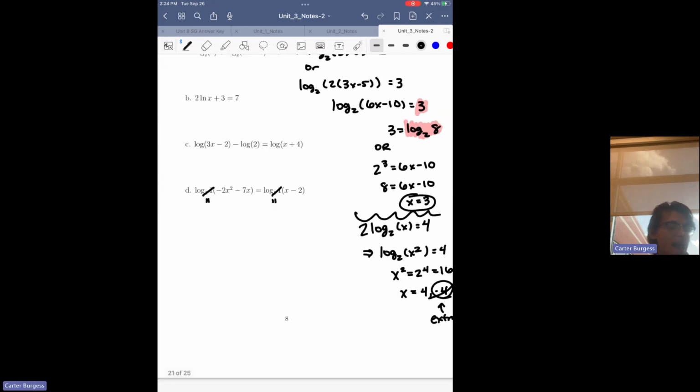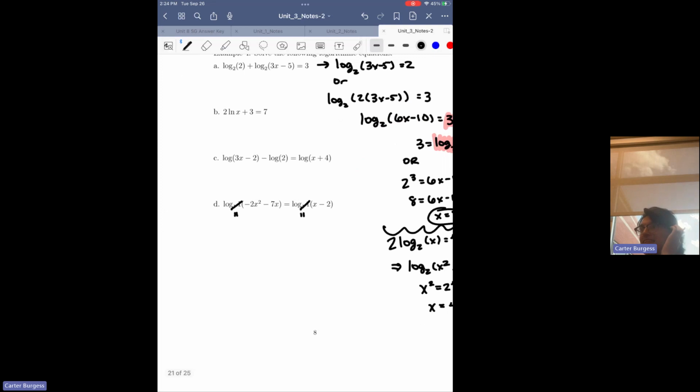Okay, so looking at 4D here, we could absolutely take this logarithmic expression and rewrite it as an exponential expression. And we would be doing so much more work than we actually need to, because what do we notice about 4D?